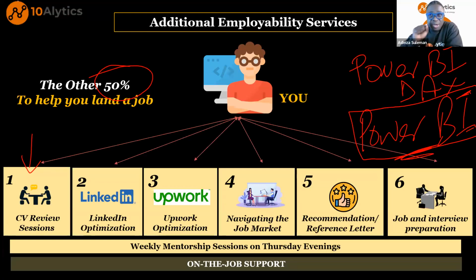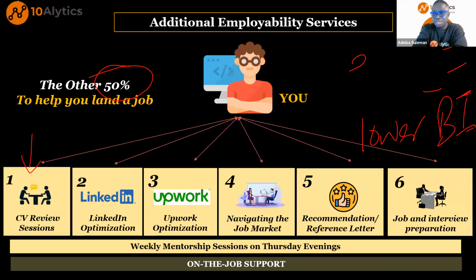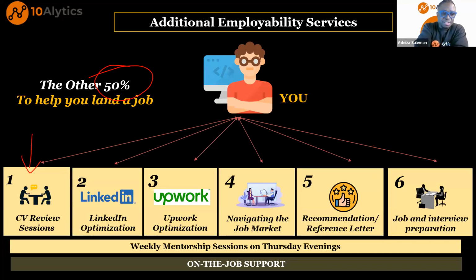Why? Because what the company needs is what? Power BI DAX. Okay, so how do you tailor your CV? How do you ensure that the keywords indicated in the job requirement match the keywords that you have on your CV? Okay, so these are some of the things that would help you understand, so that when you put in that application, you start to get better results with regards to being called up for interviews.